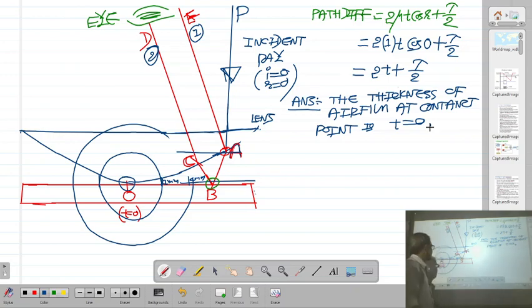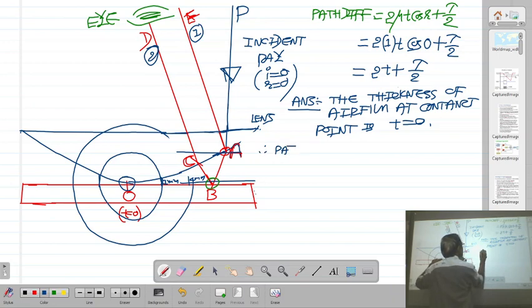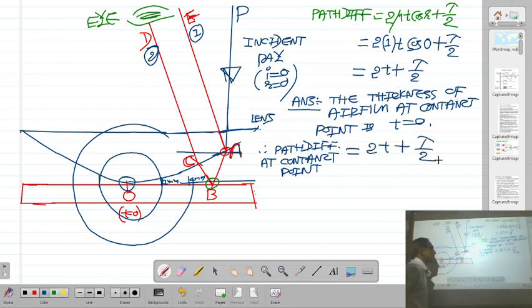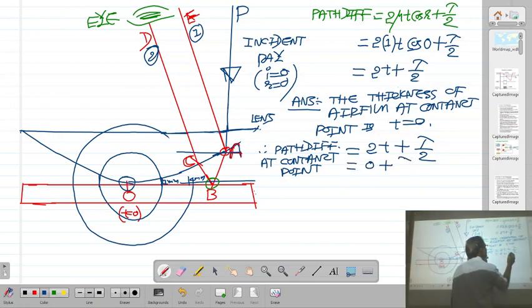Therefore, the path difference at the contact point is 2t plus lambda by 2. But the thickness at the contact point is 0, so the path difference will be 0 plus lambda by 2, that is lambda by 2.